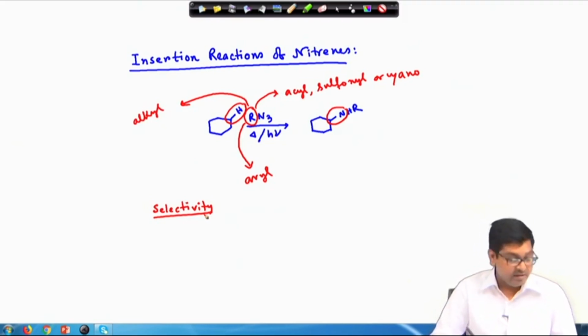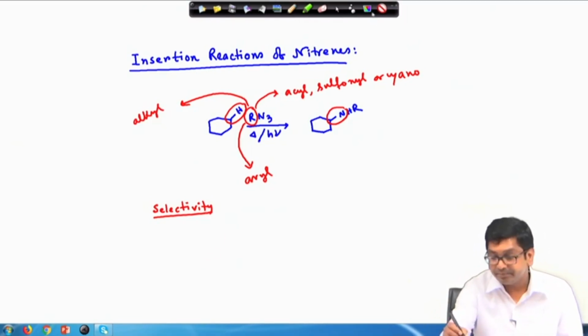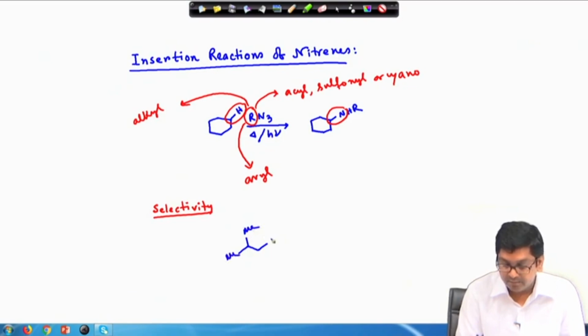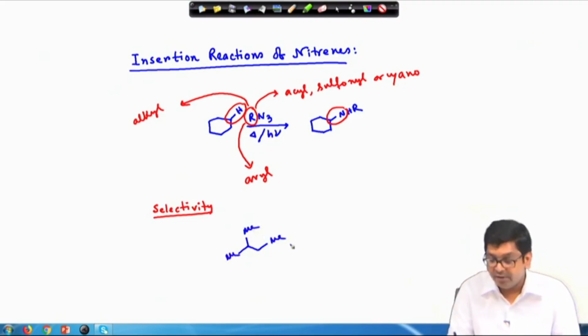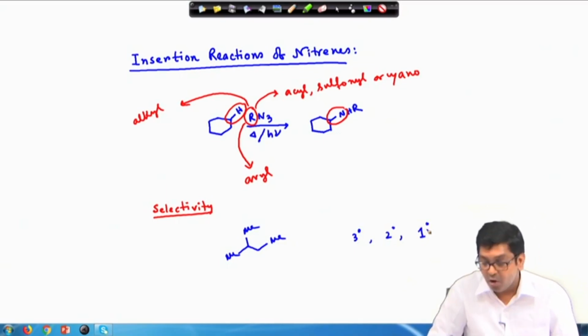As per example, if some compound like 2-methyl butane, they will have 3 degree, 2 degree or 1 degree, that means tertiary, secondary or primary carbon hydrogen bonds.